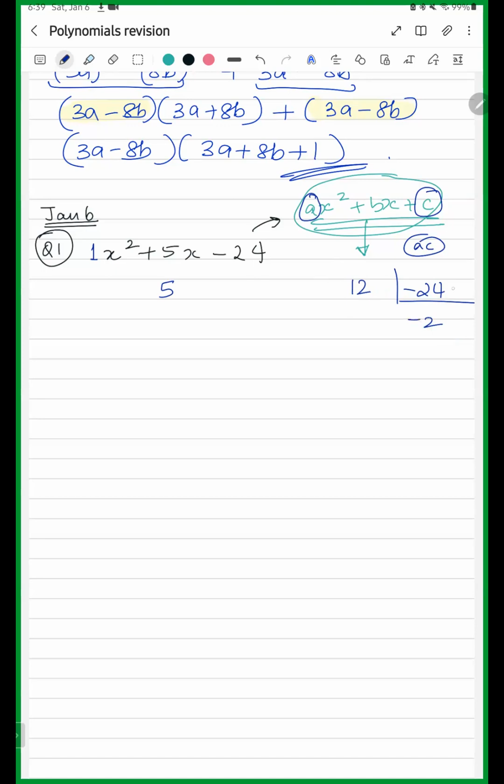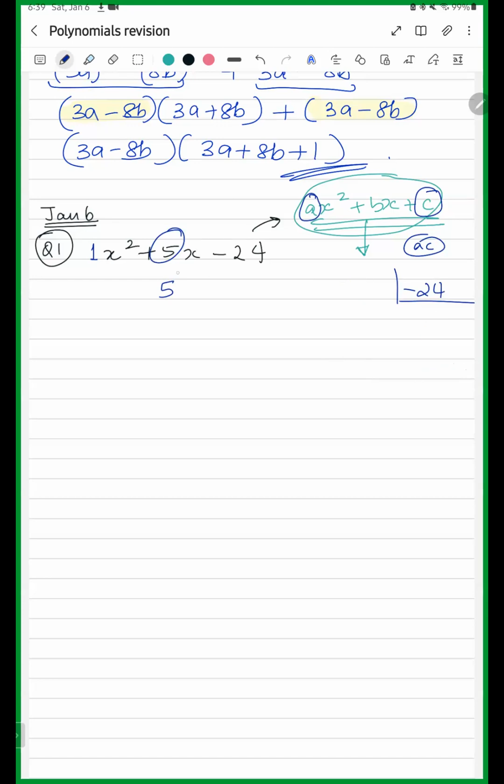But in either of these cases, you're not gonna get 5, right? Like 12 minus 2, that is 10. We want 5. And even if you do minus 12 plus 2, that is minus 10. So this is not gonna help us. 12 and 2, we should not do.